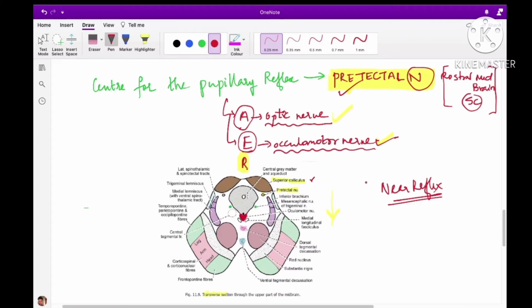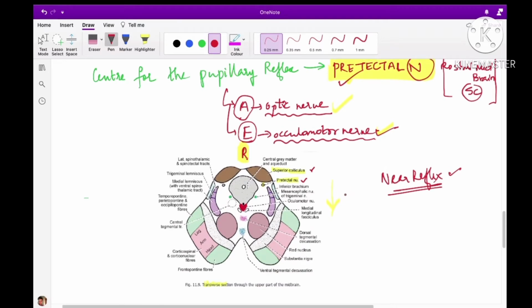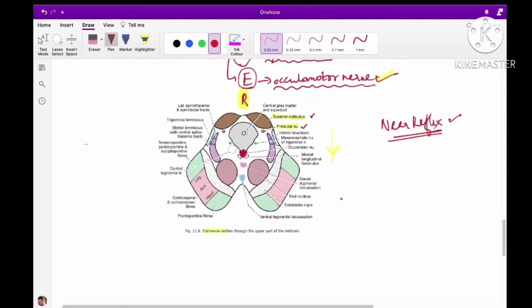That is why when there is a pinealoma, the dorsally located internuncial neurons of the pretectal nucleus, which serve the light reflex, are involved, but the near reflex is spared. It also has some supranuclear influences.